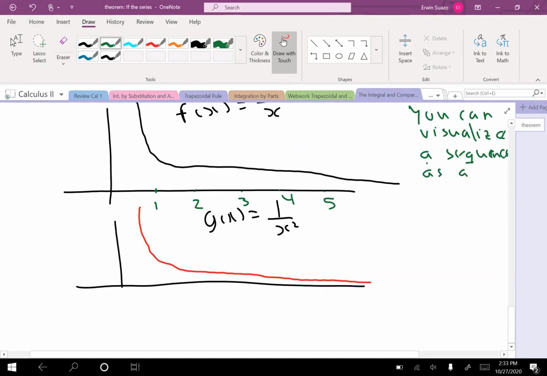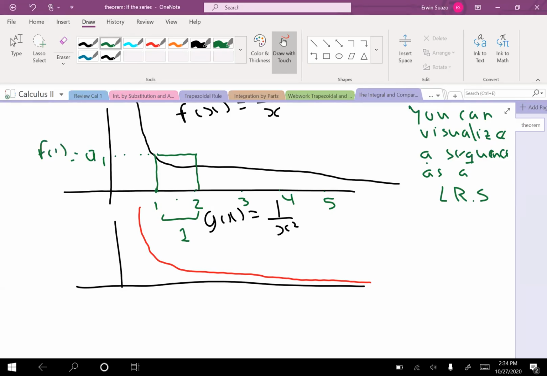Because you know A1 is this guy, and you see this is the height, and this is the base. This distance is 1. So this guy here is A1 because it's f of 1. A1 is f of 1.